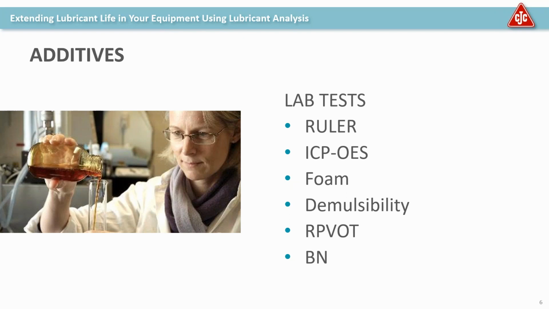There's lab tests that we can use for that as well. The RULER, ICP analysis, foam, demulsibility, RPVOT, and the base number. And we see that there's some interchangeability with some of these tests between other categories, but they all help to provide a complete picture of what's happening with our oil.